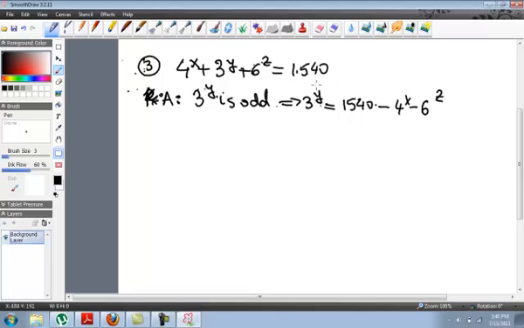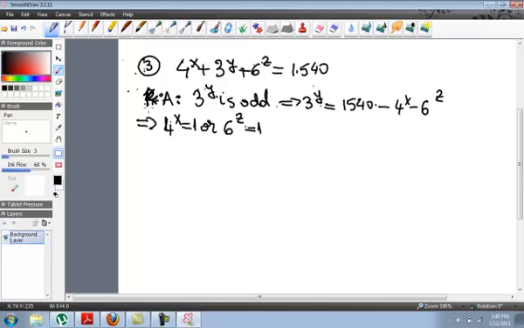So this is impossible. So we deduce that one of the numbers is obviously odd. So 4 to the x power is 1, or 6 to the z power is 1.